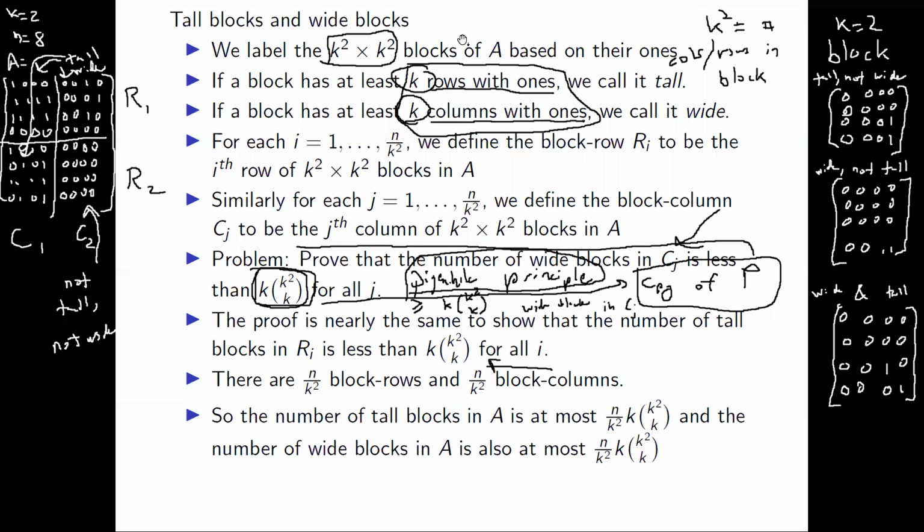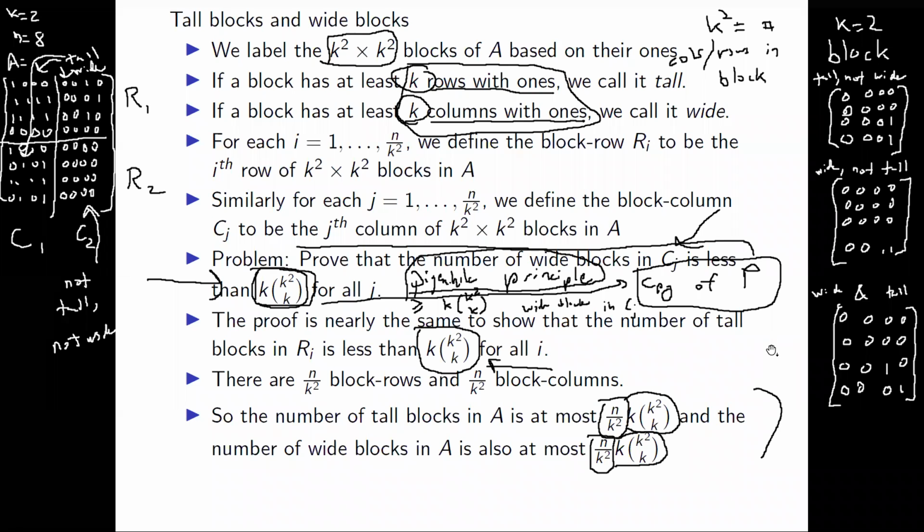So the number of block rows, n over k squared, times the number of tall blocks per block row, we get n over k squared times k squared choose k. And that's using this bullet right here. And the number of wide blocks in A total is going to be the number of block columns, n over k squared, times k squared choose k. And that's from this bullet. We said the number of wide blocks in any block column is less than k times k squared choose k. So that's how we got both of those quantities in this last bullet down here.